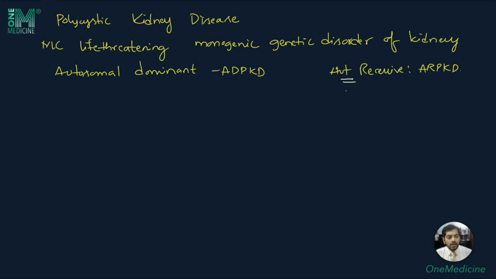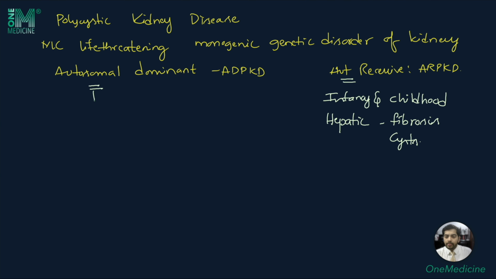Autosomal recessive generally presents in infancy and childhood. Hepatic involvement in the form of hepatic fibrosis and hepatic cysts are common. ADPKD presents in adults. The gene involved is the PKD1 or PKD2 gene.